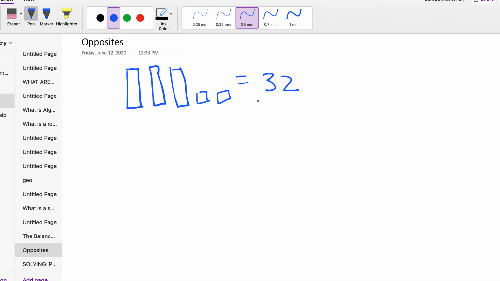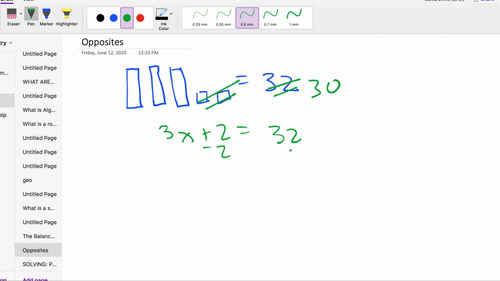As we're trying to understand and calculate this, we do the opposite to both sides. So we say, well, let's take away these 2 bricks. So then 2 have been taken away from the total. So for 3 rows, we would say originally 3x plus 2 equals 32. That's what this really would be representing algebraically.